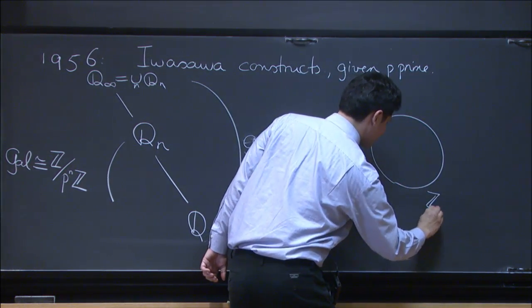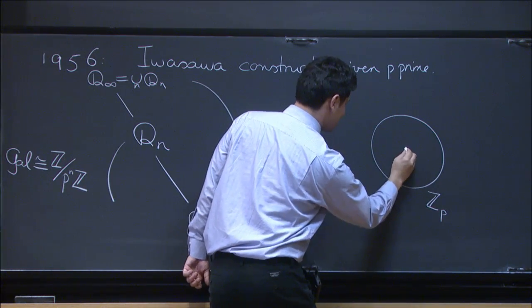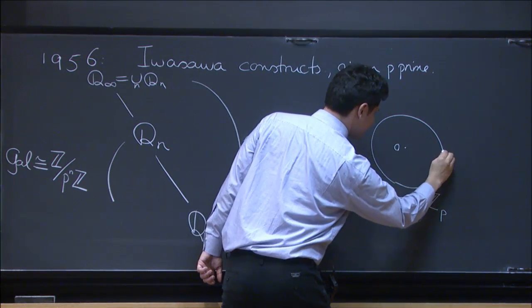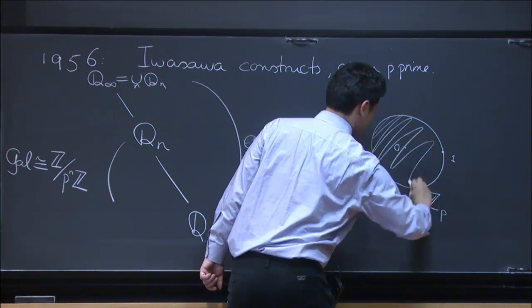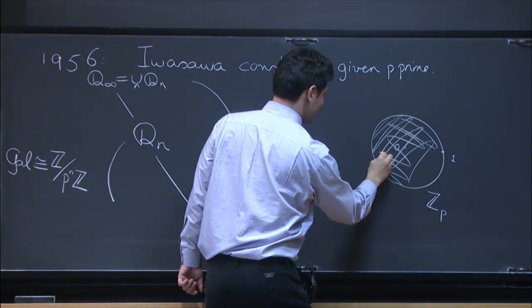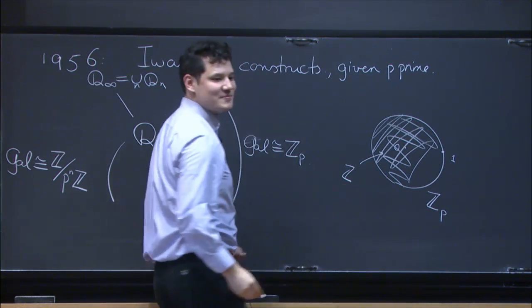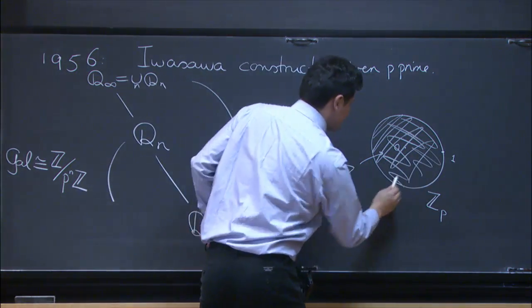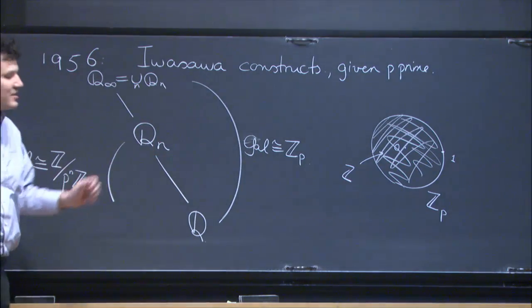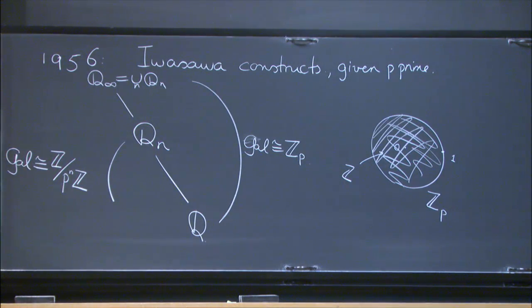This is a picture of the p-adic integers. Yeah, you have 0 inside here. You have 1 on the boundary. And then let me also draw you a picture of Z. That's Z. It's dense inside Zp. So by dealing with this slightly unfamiliar and weird object, he was able to say something about the class group.